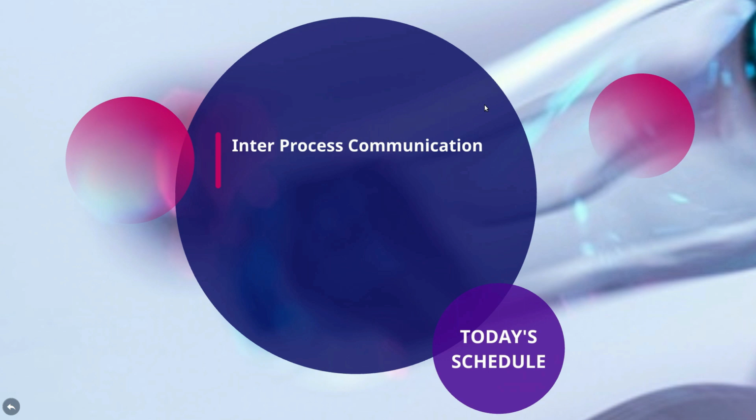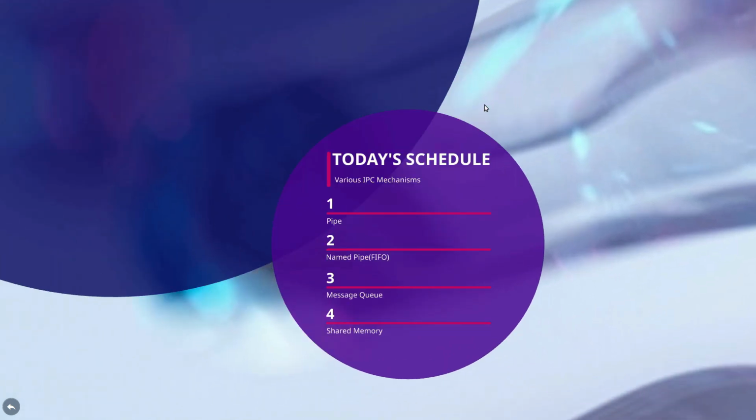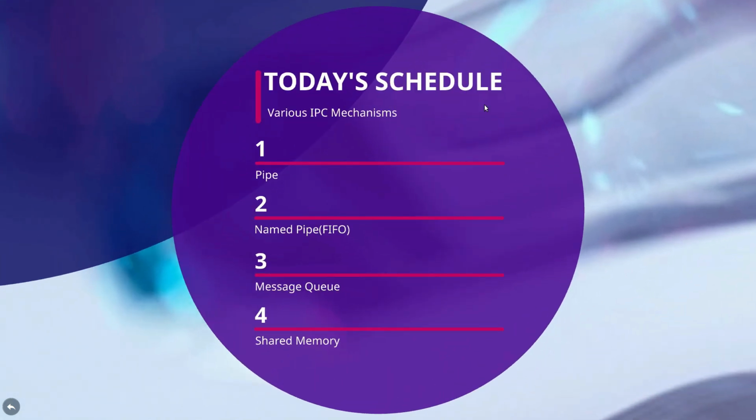So what will be our today's schedule? There'll be various IPC mechanisms, which are pipe, named pipe, which we can call a FIFO also, first in, first out, message queues, and shared memory. We'll try to cover most of the things in this session.